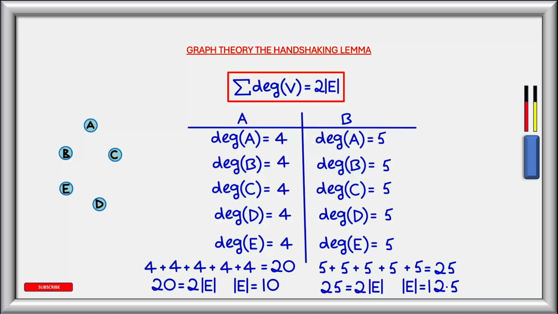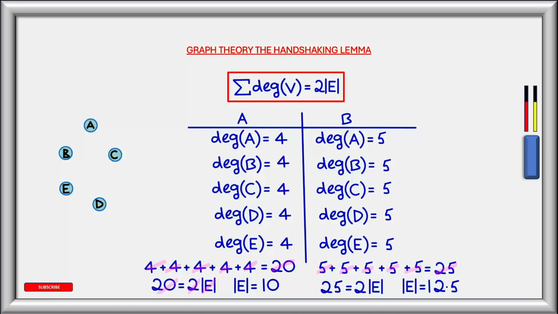So for graph A, the sum of the degrees is 4 plus 4 plus 4 plus 4 plus 4, which equals 20. And for graph B, it's 5 plus 5 plus 5 plus 5 plus 5, which is equal to 25. In graph A, 20 is equal to 2 multiplied by the number of edges.